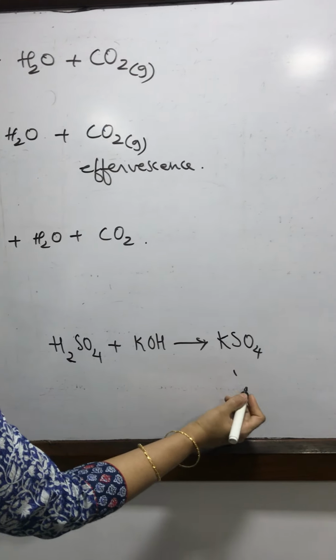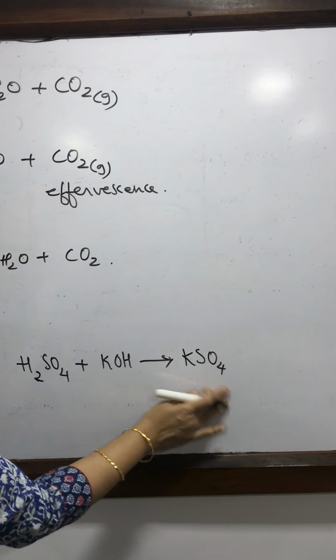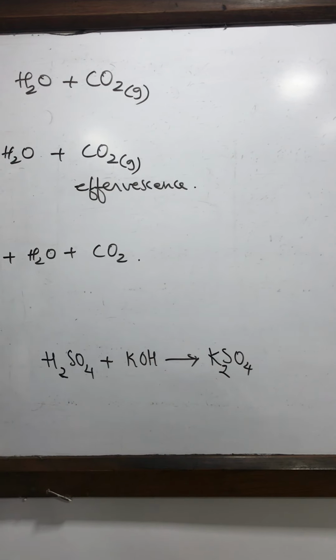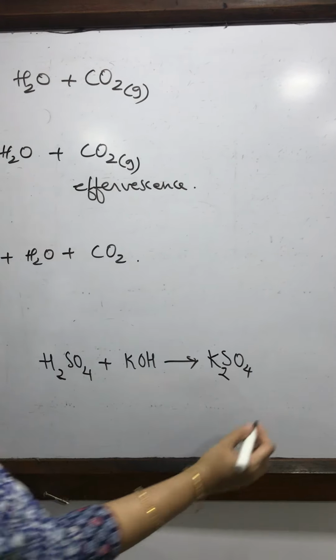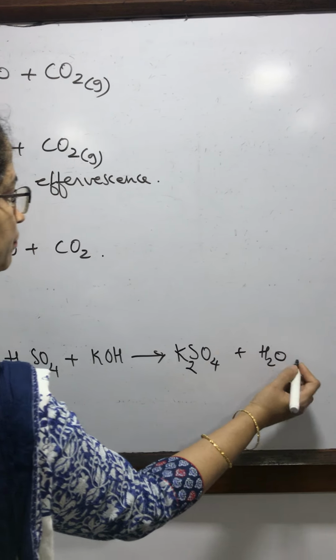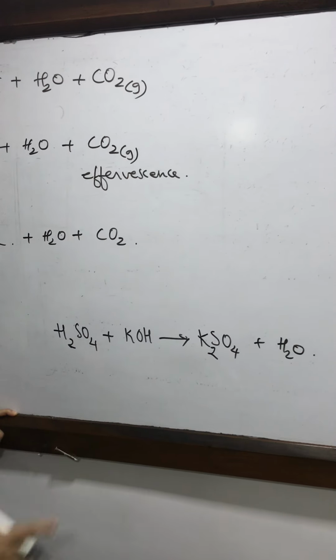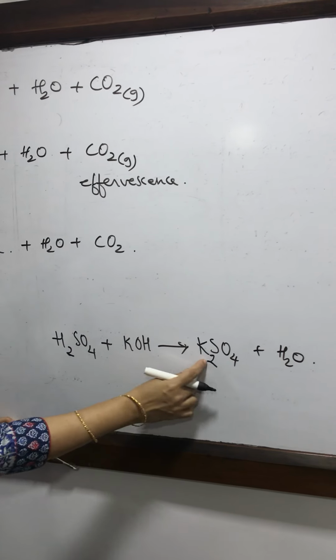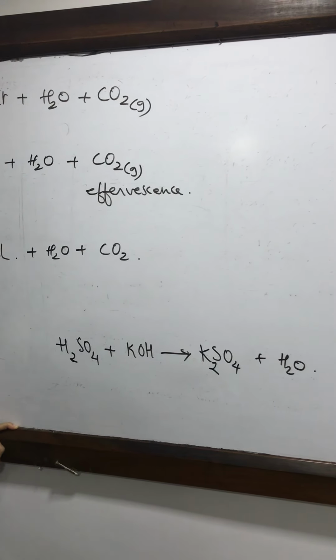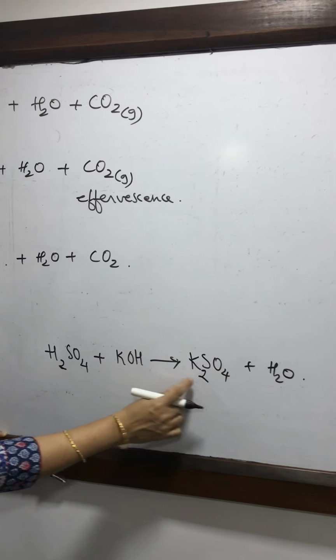Valency of potassium is 1, sulfate is 2, and therefore the formula is K2SO4, and you will get water. This is an unbalanced equation because the number of potassium atoms on both sides of the equation are not equal.